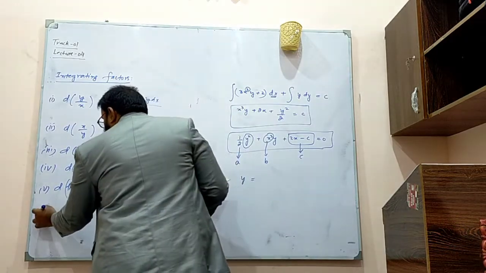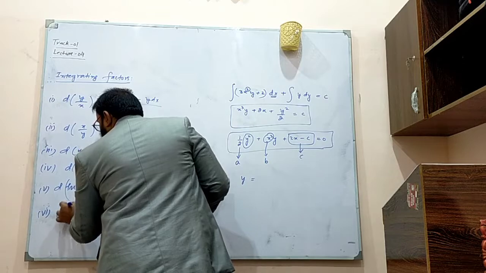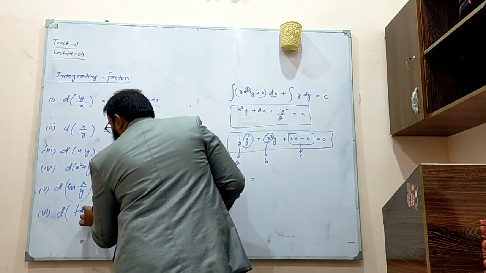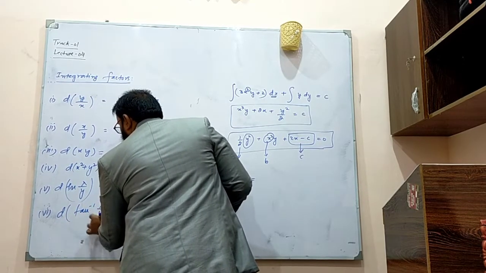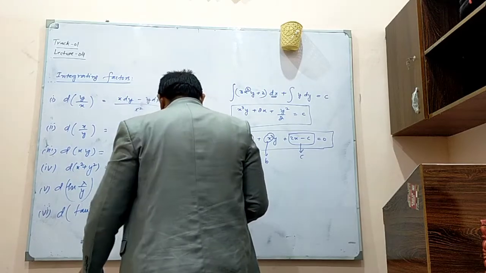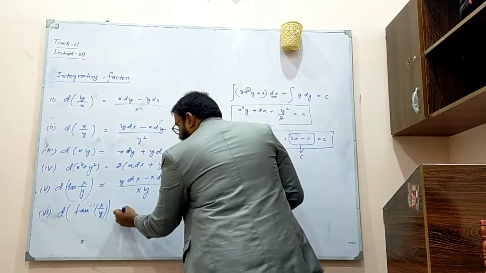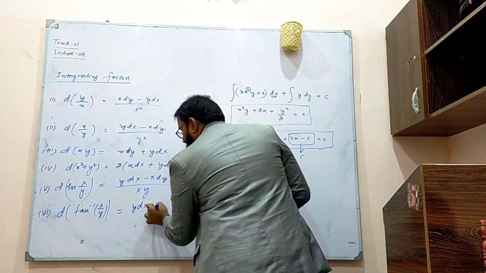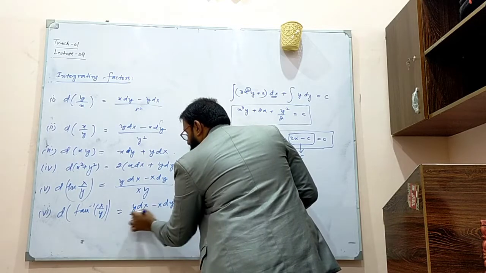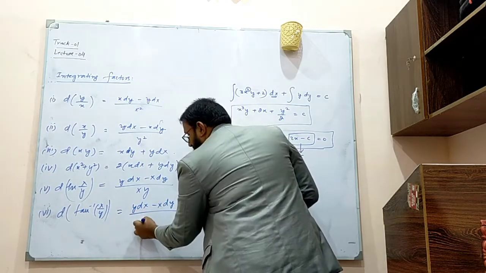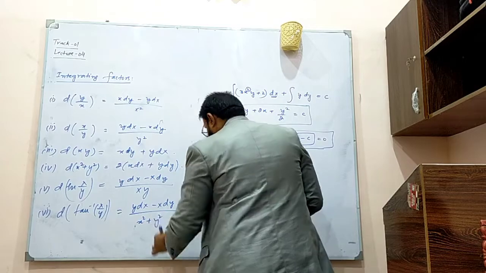And finally, the differential of tan inverse of x over y is (y dx minus x dy) over (x square plus y square).